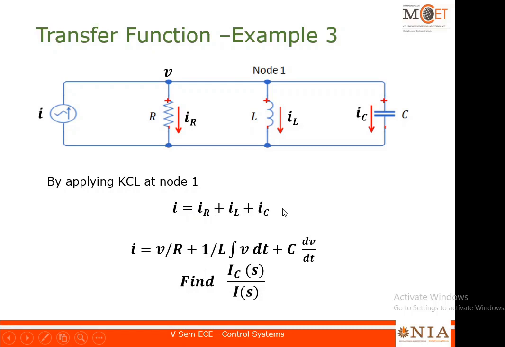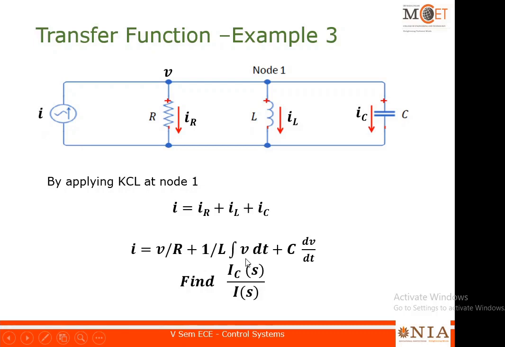So now I want the students to write a differential equation governing this particular system, and take IC, the current through the capacitor, as your output variable, and take the input current as this I, and find out the transfer function.